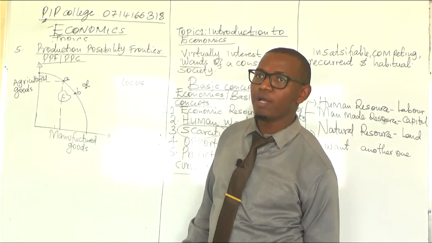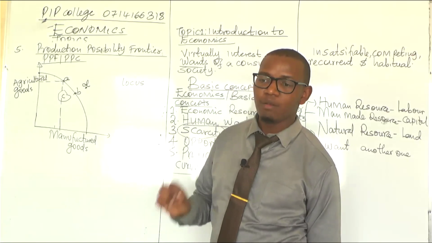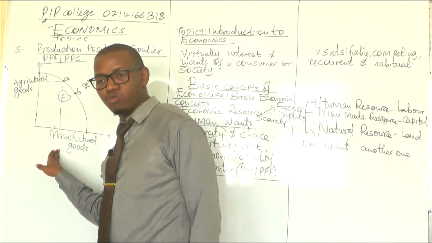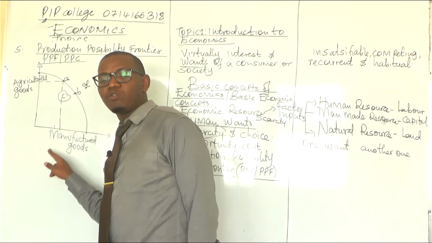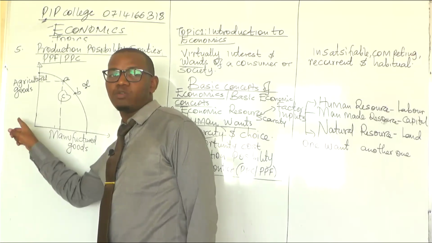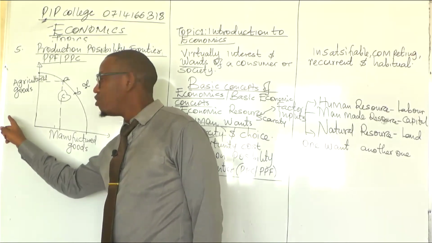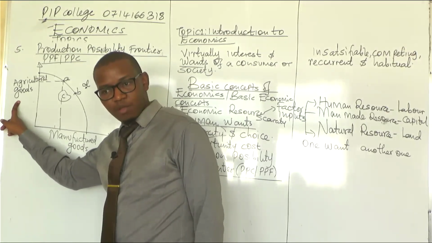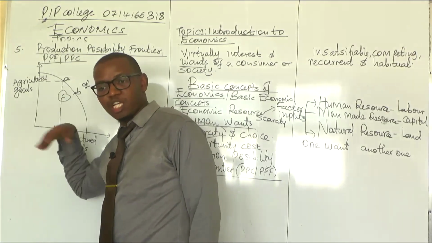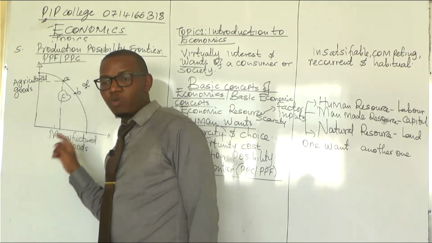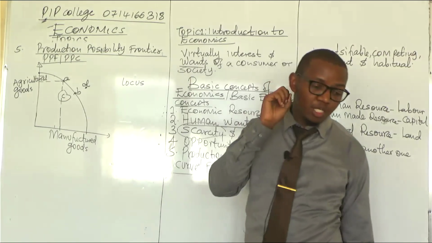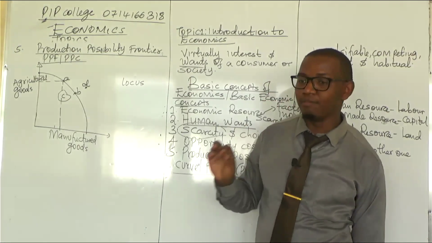Now, why do I say it is increasing? Look here. You can either choose manufactured goods, so if you are not going to choose the manufactured goods, you go for the choice of agricultural goods. It means the opportunity cost here will be increasing, which in this case illustrates what we call the law of diminishing returns.